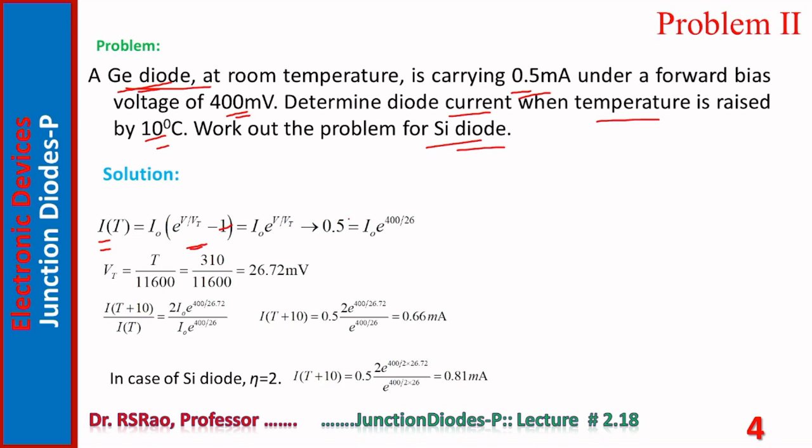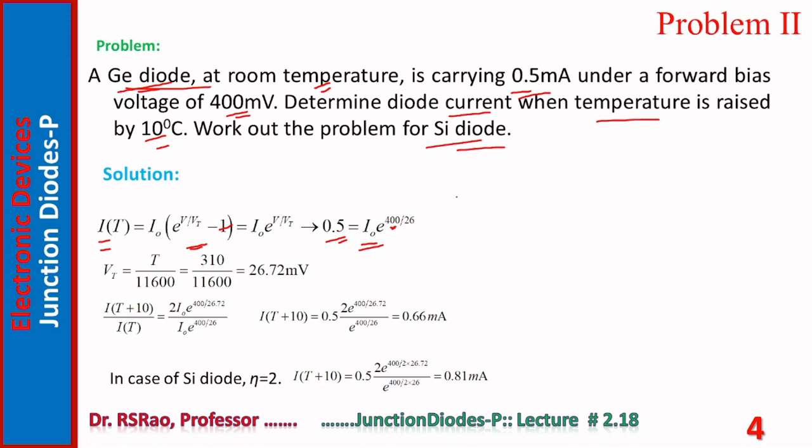It is given that current is 0.5 milliamperes, voltage is 400 millivolts, and at room temperature Vt is 26 millivolts. Substituting all these values, we have 0.5 equal to I naught e power 400 by 26.